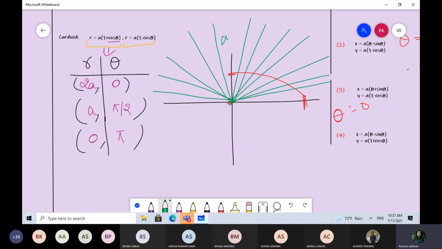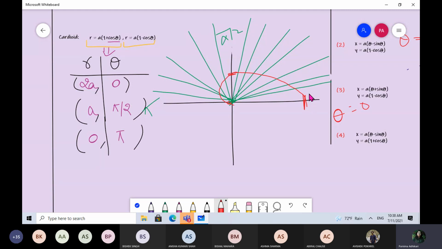Between pi by 2 and pi also we have infinitely many theta values, and for all these theta values your R is again decreasing, and finally it will reach the origin. Finally it will become 0. A little bit less and less and less and 0 finally.